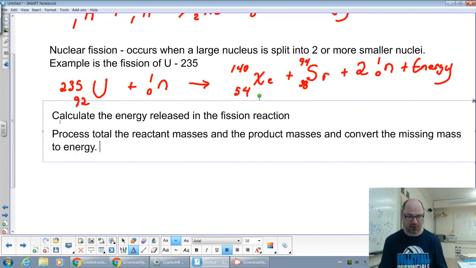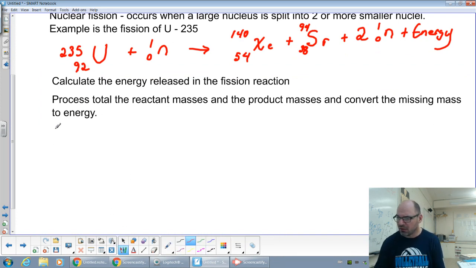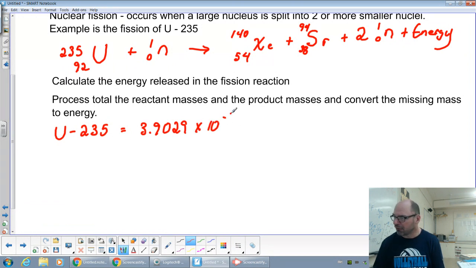So for example, here, if we knew what everything was, I paused there and looked up all the masses. So we know that U-235 equals 3.9029 times 10 to the negative 25 kilograms.